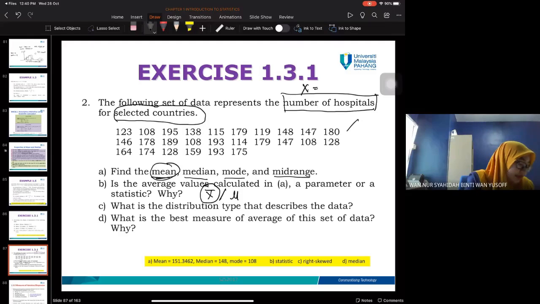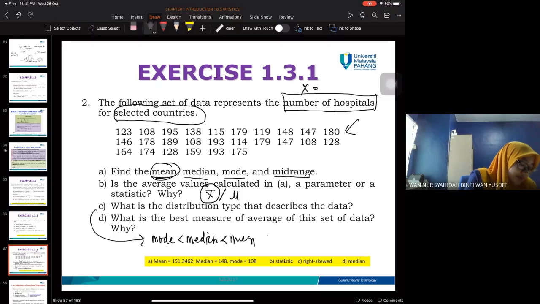Okay. So what is the distribution type that describes the data? Here for C, we have mode less than median and less than mean.